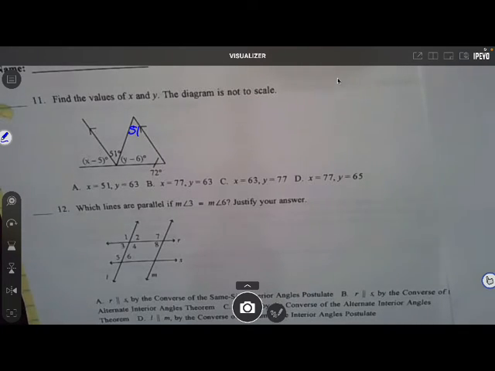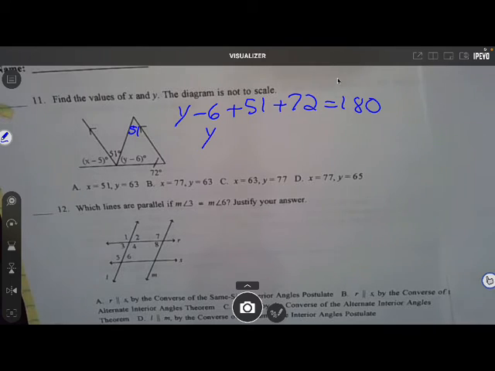What do I know about the angles in a triangle? They add to 180 as well. So I'm going to add those three angles. I've got Y minus 6, I've got 51, and I've got 72. They all add to 180. So I would add those three numbers together. Can somebody tell me what is 72 plus 51? 123. Then I need to know 72 plus 51 minus 6.